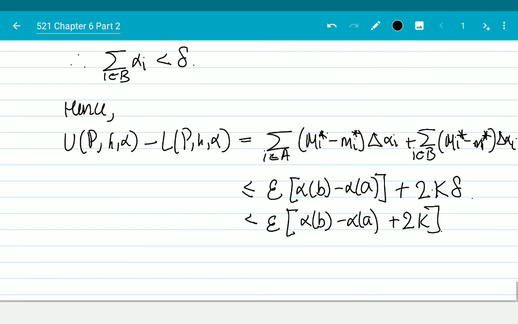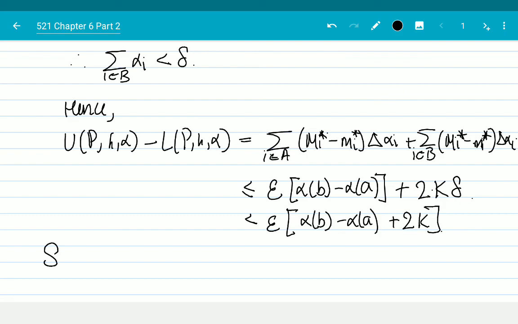Once again, since epsilon is arbitrary, if you give me an epsilon greater than 0, I can take epsilon prime equal to epsilon over alpha B minus alpha A plus 2k.